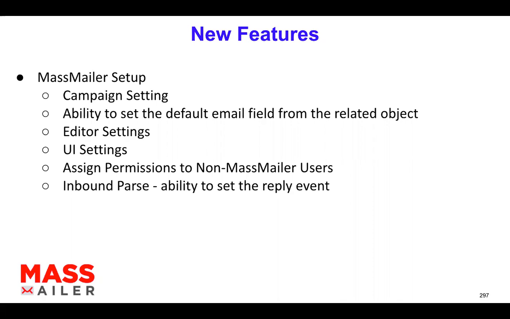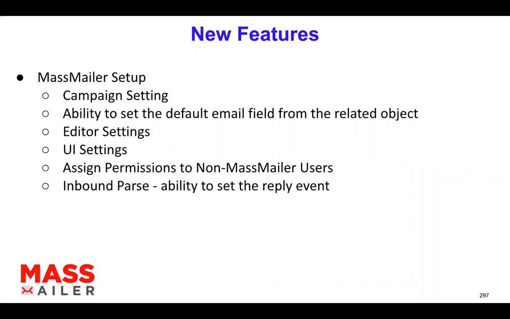That was the previous version. But now in the current version, that is 2.47, we are also providing a way for you to enable the default email field from the related object as well.